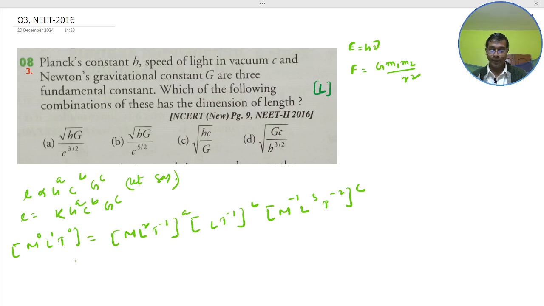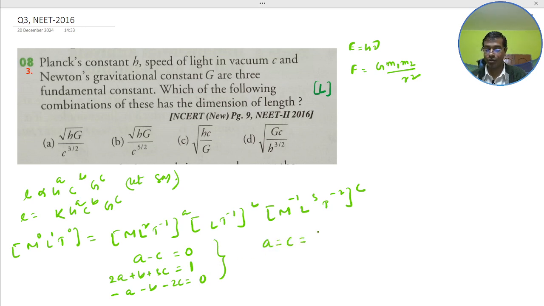So by principle of homogeneity you combine all these equations, powers of a, b and c, and you get that a minus c is equal to 0, and 2a plus b plus 3c is equal to 1, minus a minus b minus 2c is equal to 0. After solving these three equations you get a equal to c equal to 1 by 2 and b equal to minus 3 by 2.